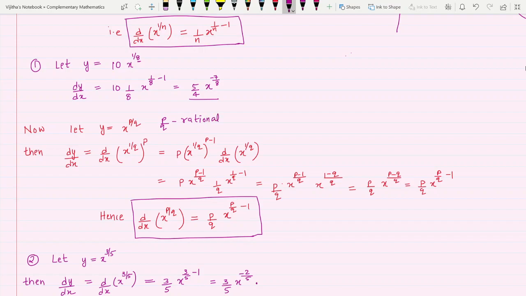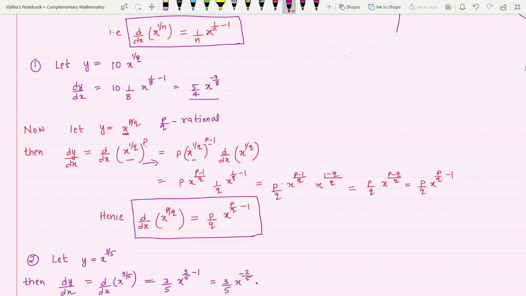So what is dy by dx? dy by dx is d by dx of, now first we will prove this. x raised to p by q can be written as x raised to 1 by q whole raised to p. Now we know p is an integer, so we can apply the power rule here. So the derivative of this term becomes p into x raised to 1 by q whole raised to p minus 1 into the derivative of this term, that is the derivative of x raised to 1 by q.